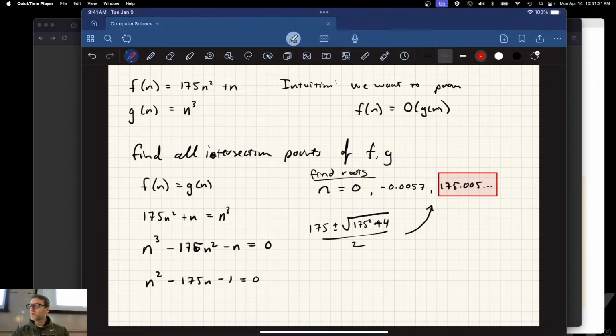Okay? So all we need to do is take the next integer value. Why don't we use this one directly, by the way? Remember, input sizes. That's what we're modeling here. There's an input size of 175 elements. There's an input size of 176 elements. But is there an input size of 175.005 elements? No, that doesn't make any sense.